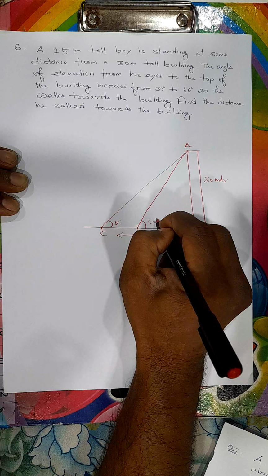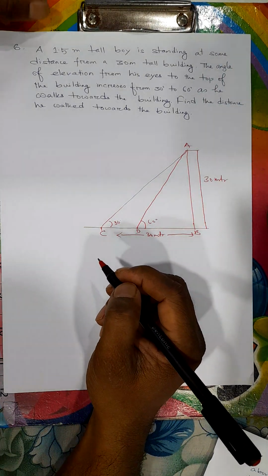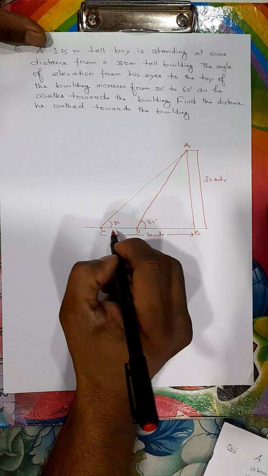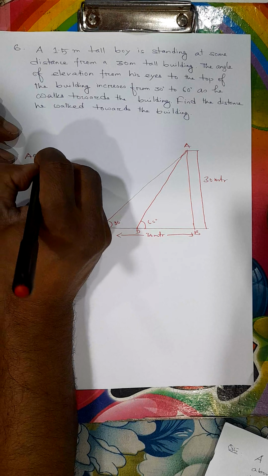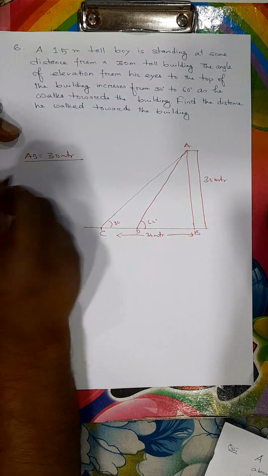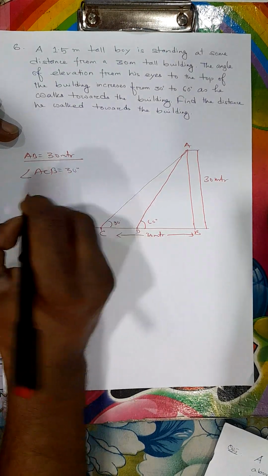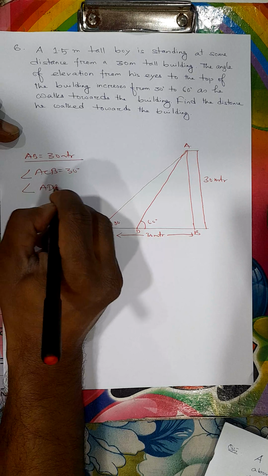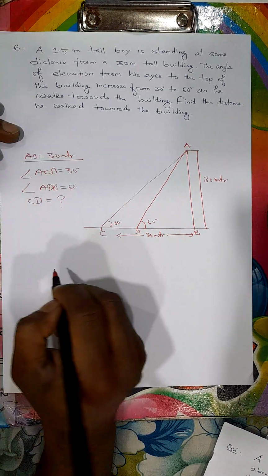So find the distance he walked towards the building. What is CD? We were given AB equal to 30 meter, angle ACB equal to 30 degree, angle ADB equal to 60 degree. You have to find CD.